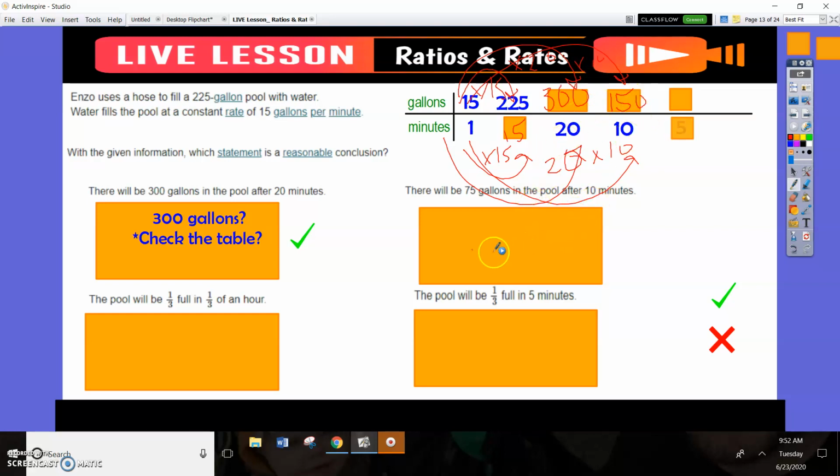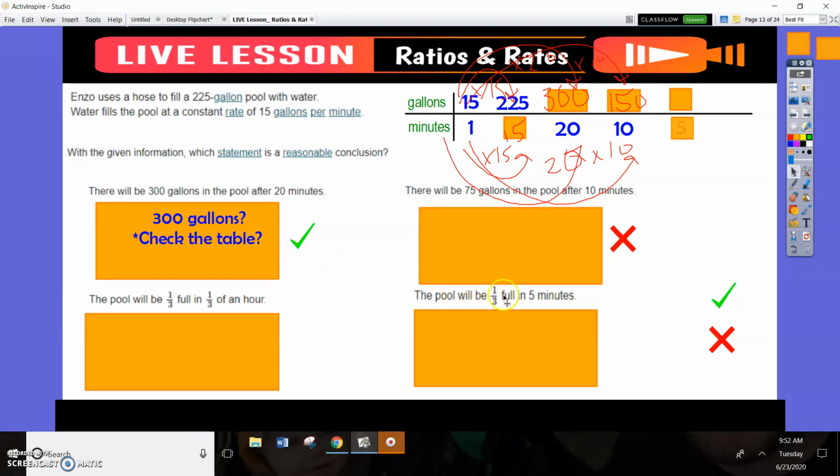So in 10 minutes, there are going to be 150 gallons, okay? So I'm going to give this answer choice an X because it will be 150 and not 75. Okay, the pool will be 1/3 full in 1/3 of an hour. Ooh, okay, let's come back to that one. That's going to take a little bit more of our brain power.